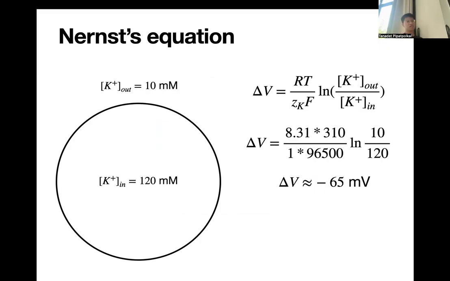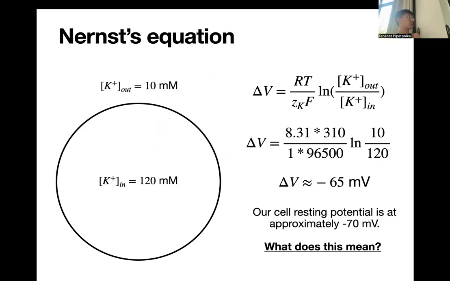And that's very neat because our cell resting potential is about minus 70 millivolts. Now I'm going to give you another 10, 20 seconds to think what this might actually mean in biological context.